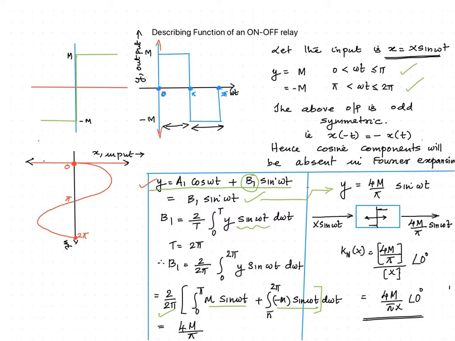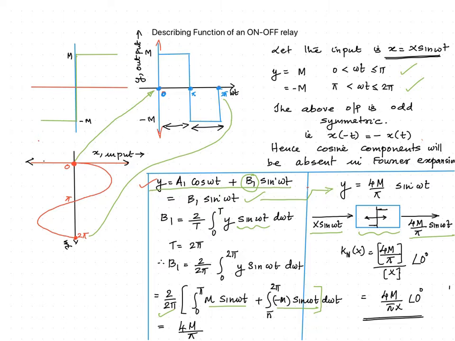Hence, if you consider an on-off relay, if capital X sin omega t is the input, the output would be 4M by pi sin omega t. Describing function is the ratio of the amplitudes of the fundamental component of frequency to the input magnitude. Hence, Kn of X can be written as 4M by pi X angle 0.